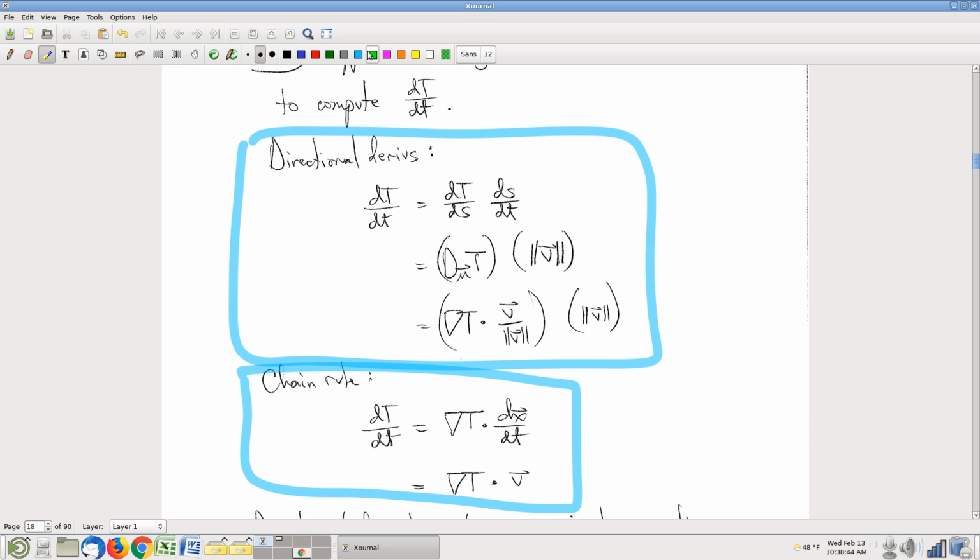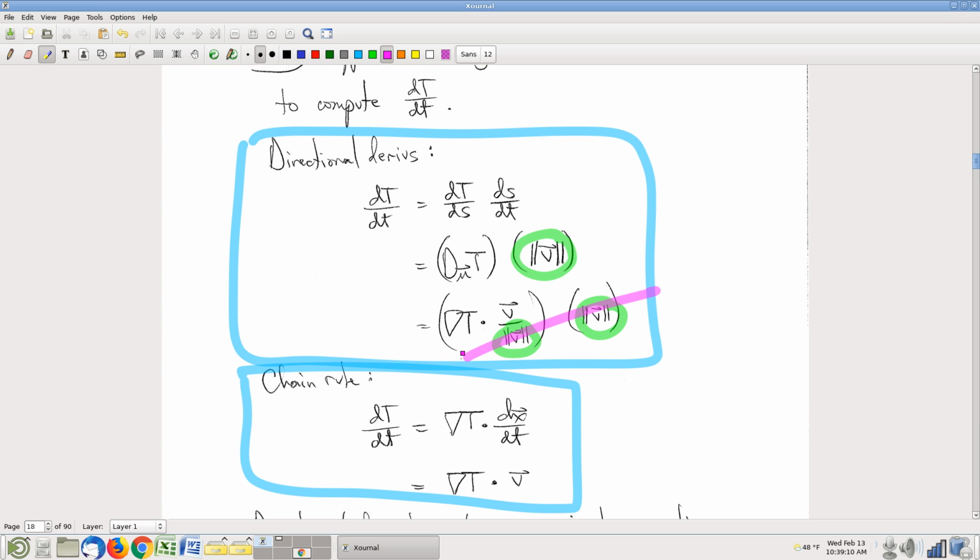The difference is, in this upper calculation, I had to compute the magnitude of the velocity vector. That's a calculation. I then had to divide by that magnitude and then subsequently multiply back by that exact same magnitude, right?